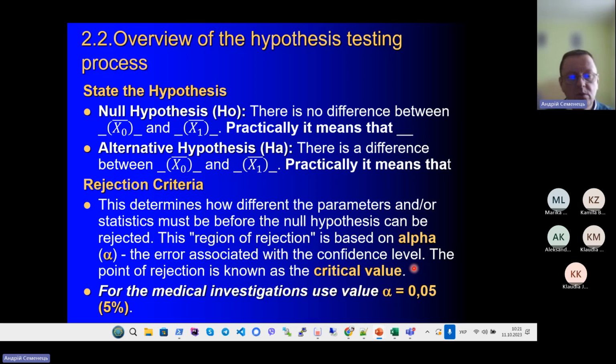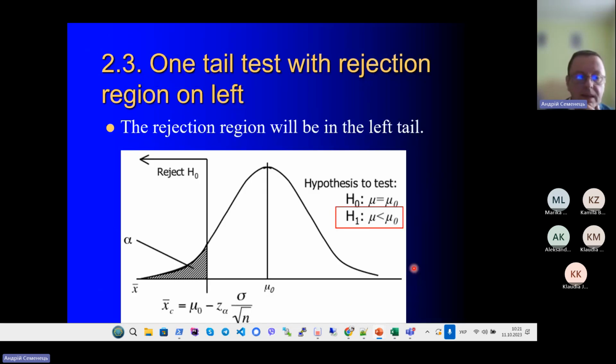So if we have too great a significance, too great a probability of making a mistake, we exceed the region of rejection, so we can make this conclusion. And here is how it could be depicted when we have a null hypothesis of equality between parameters, and the alternative is less than.